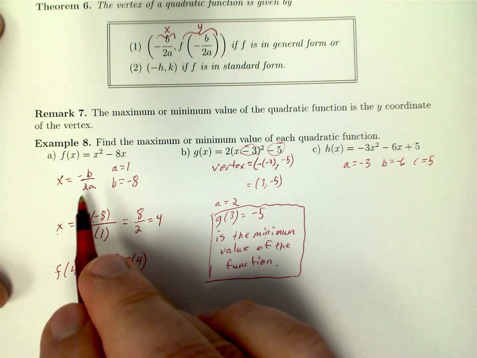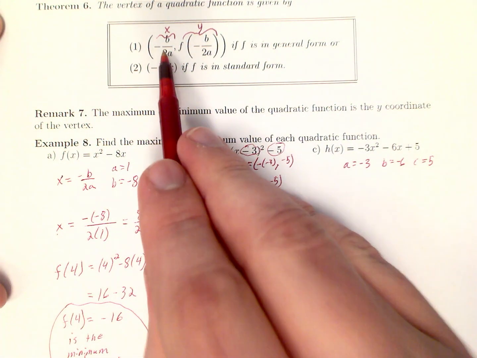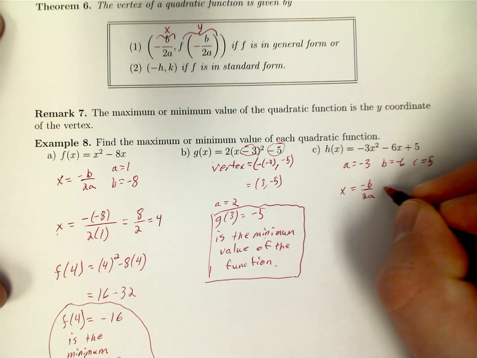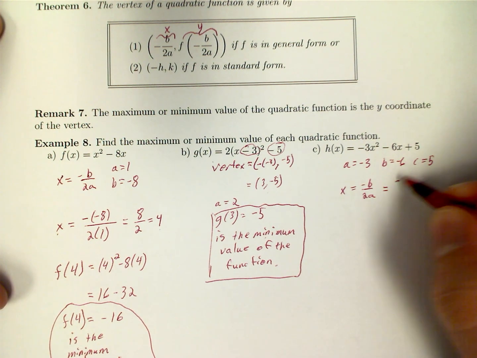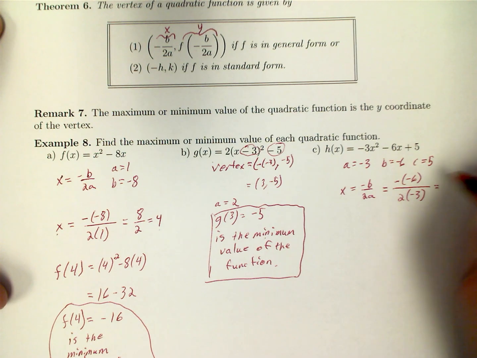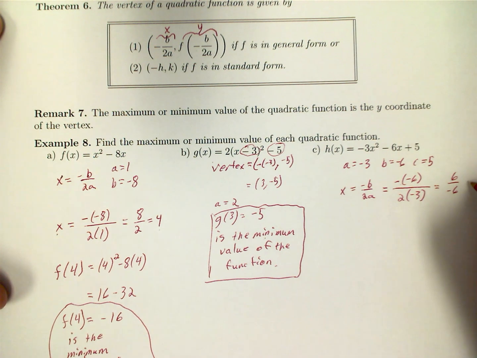And for the general form, we need x equals negative b over 2a. But b is negative 6, so negative of negative 6 over 2 times a. a is negative 3. Negative of negative is positive, so 6 over 2 times negative 3, which is negative 6.